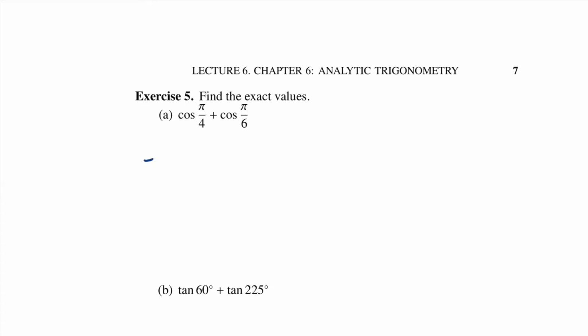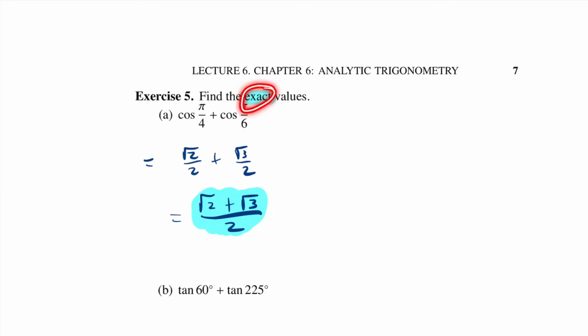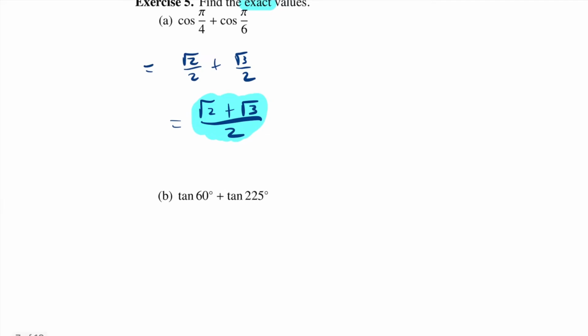So we have radical 2 over 2 plus radical 3 over 2, equal to radical 2 plus radical 3 over 2. We do not want to use our calculators because they're asking for the exact values. The exact value is this, whereas the approximation would be the decimal you would get from a calculator.